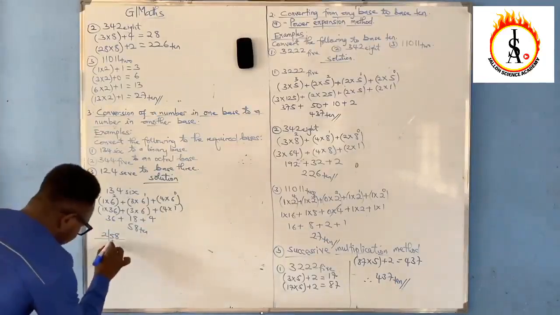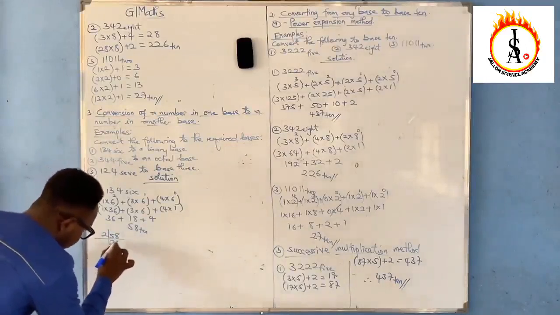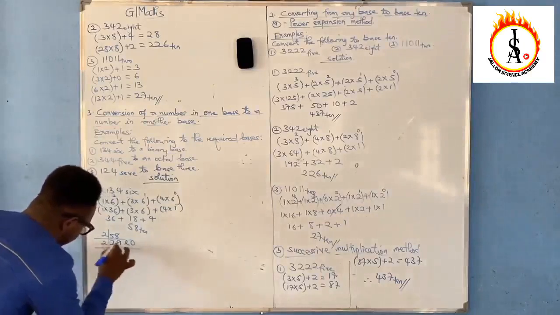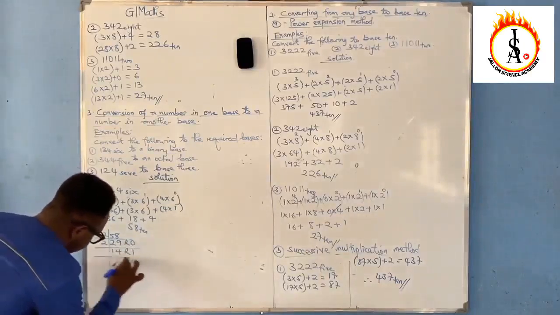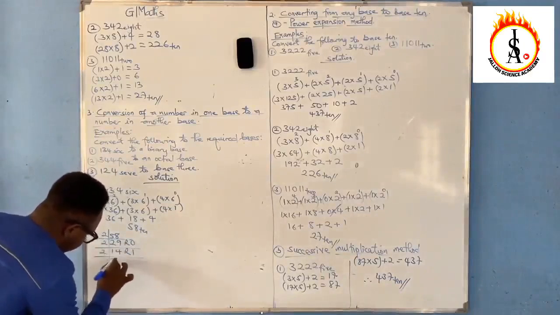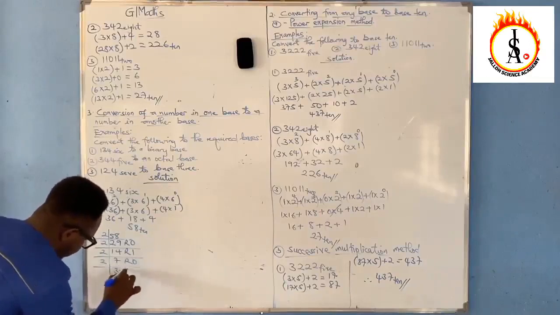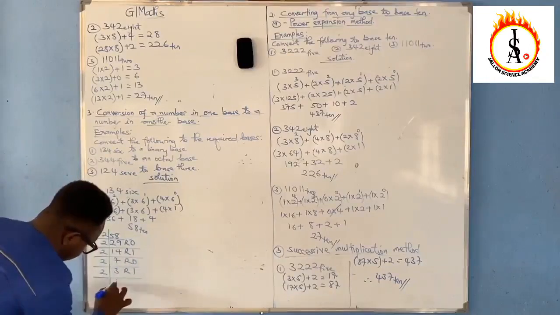2 into 5 is 2 times, remainder 1. Bring the 1 to this, it becomes 18. 2 into 18 is 9 times, no remainder. We use 2. 2 into itself is 1. Into 9, 4 times with a remainder of 1. We use 2. 2 into 14, 7, no remainder. And then 2. 2 into 7, 3 with a remainder of 1. 2 into 3, 1 times with a remainder of 1.